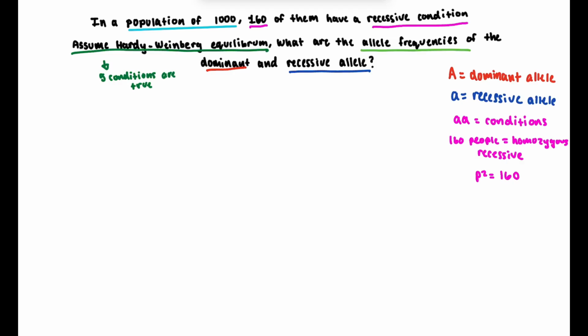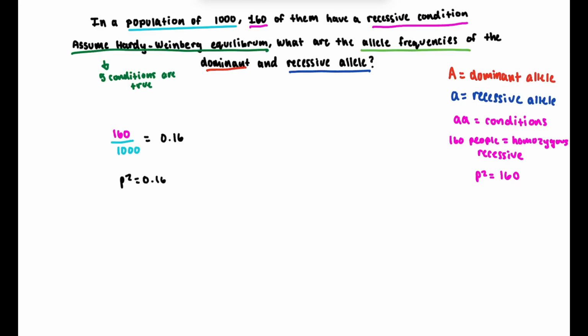So what we'll do is 160 divided by 1,000 in order to get the percentage of people as a decimal who are homozygous recessive and have this condition. So when we do the math, we get 0.16. So q squared equals 0.16.